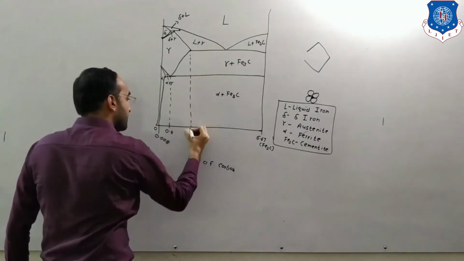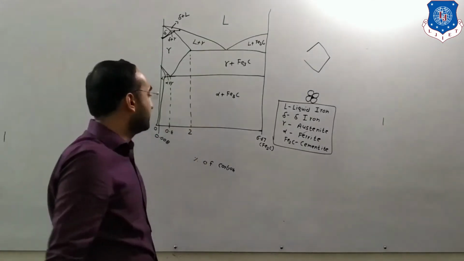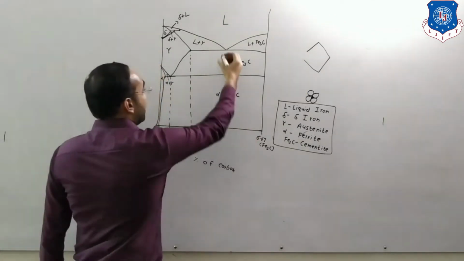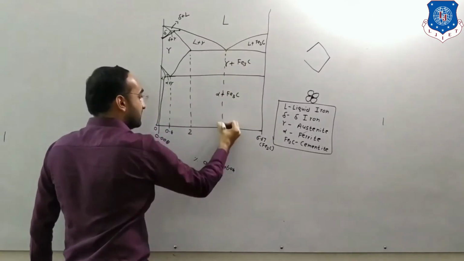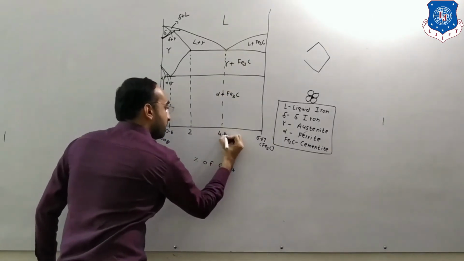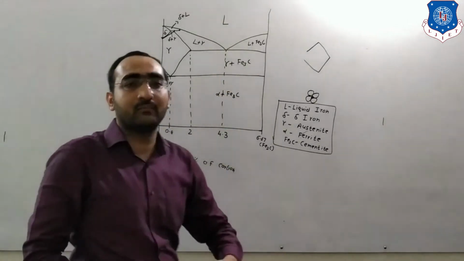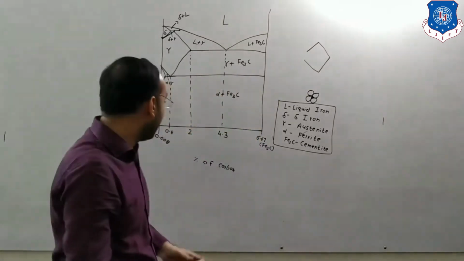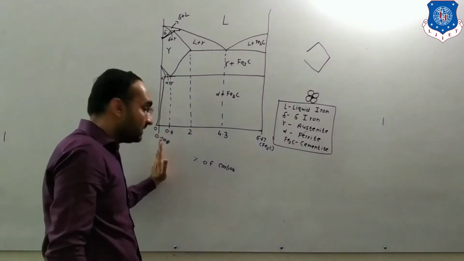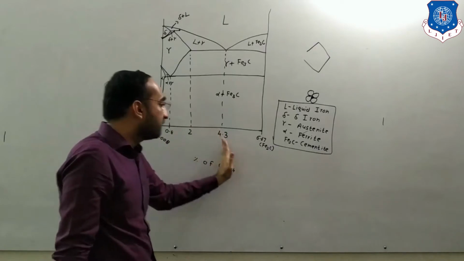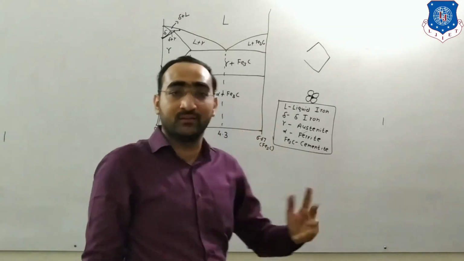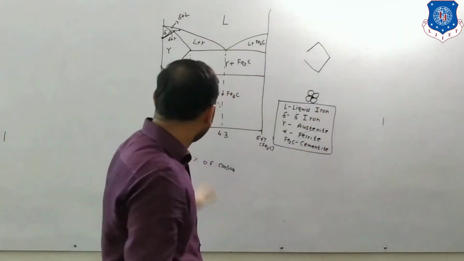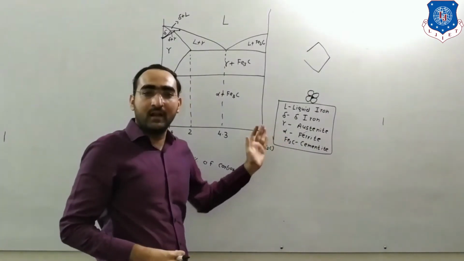This point is an indication of 2% carbon. Next one. This point is an indication of your 4.3% carbon. So your major carbon values are 0.008, 0.8, 4.3 and 6.67. This is the third one, plotting of your percentage carbon in your diagram.